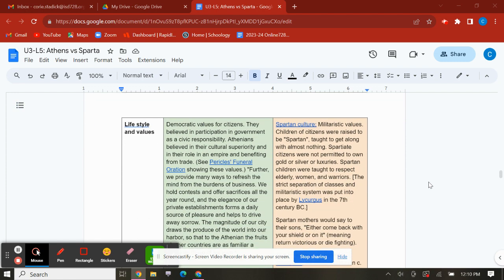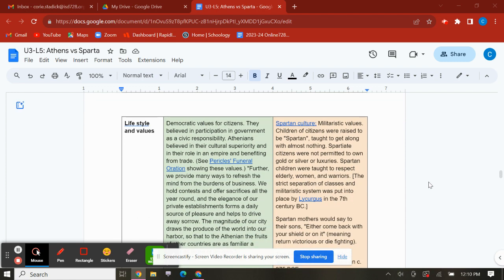Sparta, Spartan culture, militaristic values. Children of citizens were raised to be Spartan, taught to get along with almost nothing. Spartiate citizens were not permitted to own gold or silver or luxuries. Spartan children were taught to respect elderly, women, and warriors.